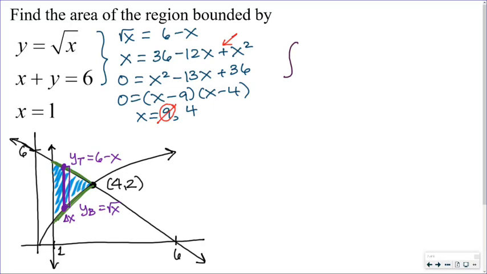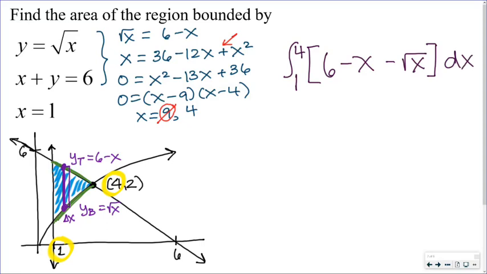The x values go from 1, that's the lowest x value, to 4, that's the highest x value. So those are my limits of integration. And then top minus bottom is going to be 6 minus x minus root x. So again, this is the top curve, and this is the bottom curve.